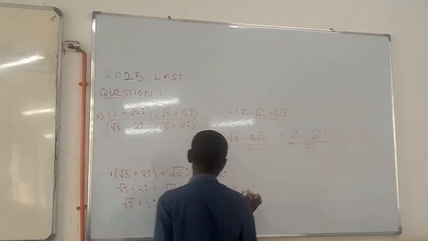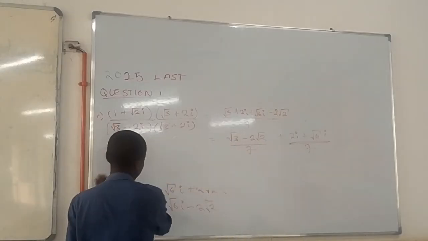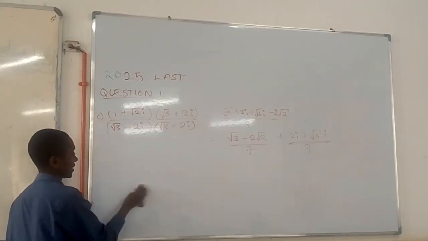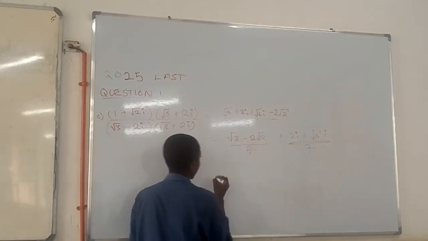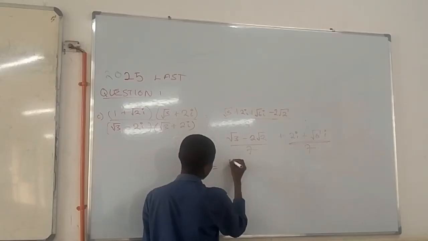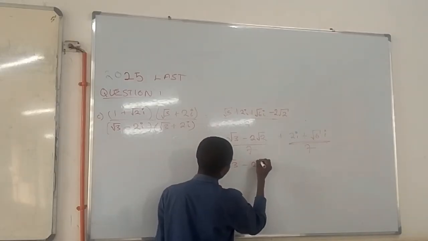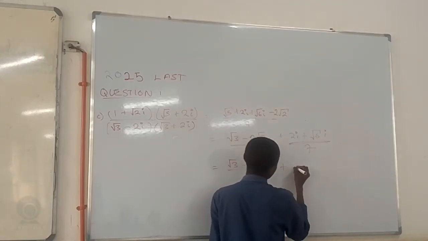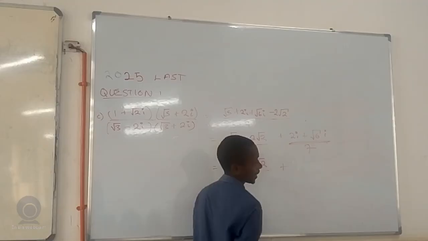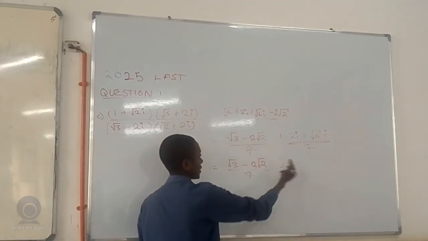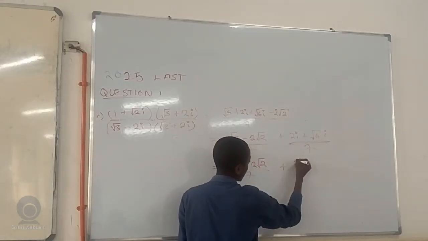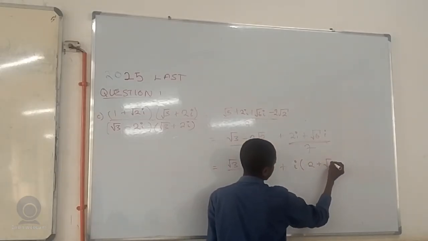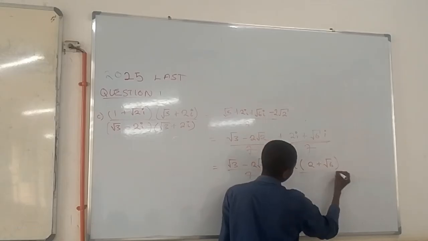If I separate like that, I can write this as root 3 minus 2 root 2 over 7 plus, I will factor out the I. So when I factorize the I, I'll have 2 plus root 6 over 7.